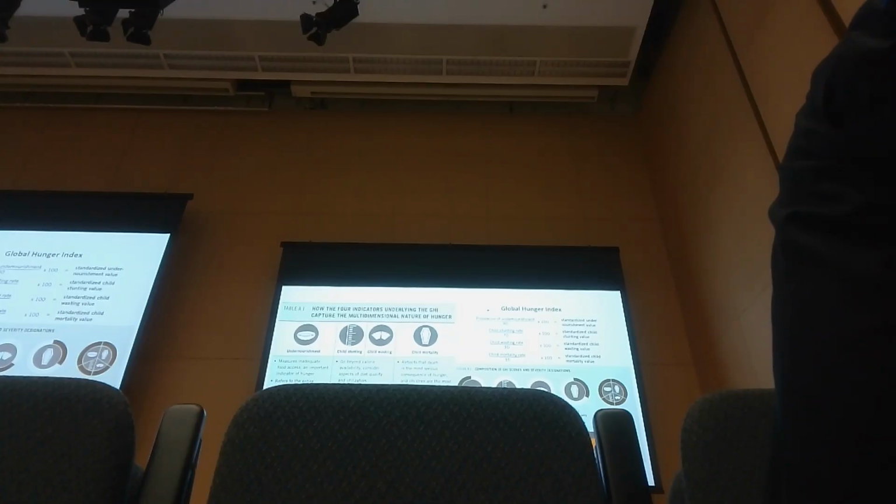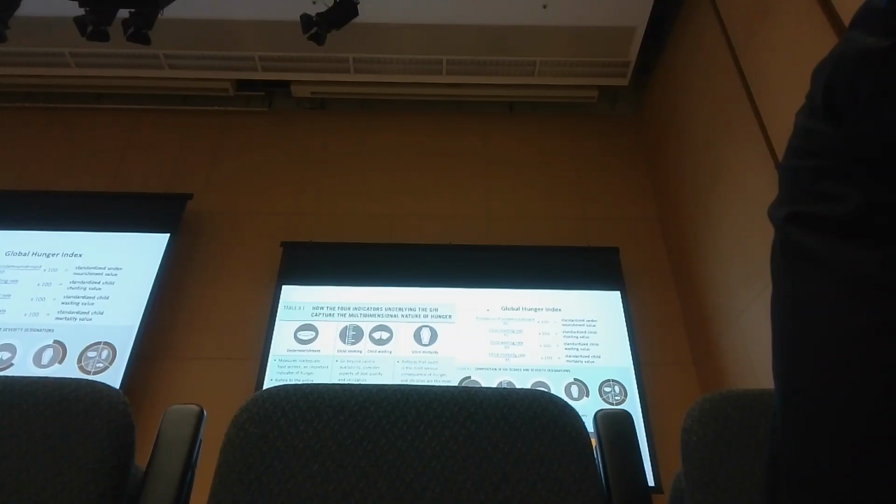So that's the general trend, and that's all based on energy intake. Right? So we're talking about the calories. But at the same time, in terms of the hunger index, if we want to evaluate the potential food security, sufficient food, or maybe resources is not the only thing we take into consideration.